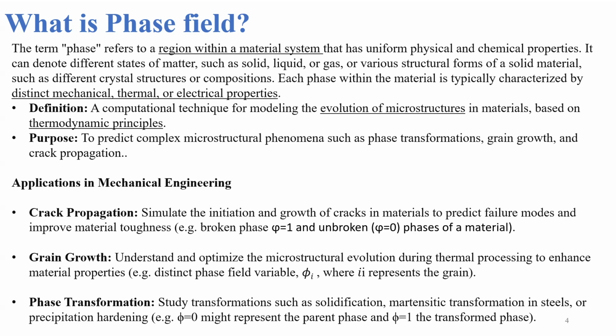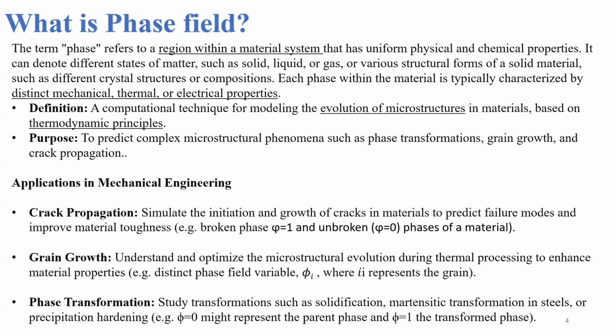What are the applications for mechanical engineering? One of the most common cases is crack propagation. We want to simulate the initiation and growth of a crack in materials to predict failure modes and improve material toughness. In that case, we can consider the broken phase as phi, order parameter 1, and the unbroken phase as phi, order parameter 0.